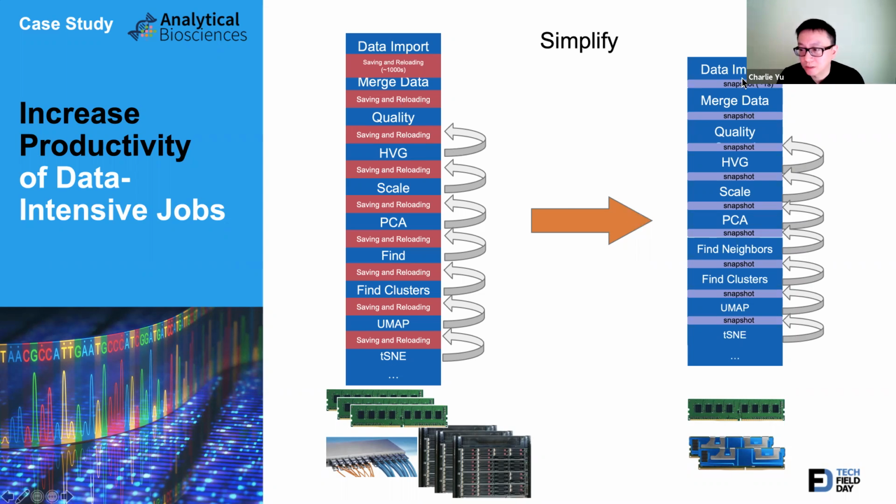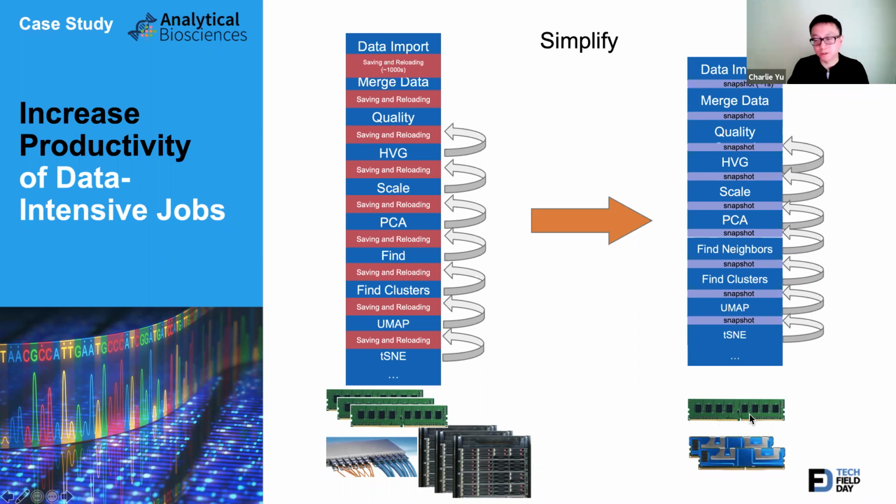So what we're presenting here is a much simpler and a much faster way to run these pipelines. Instead of saving and then reloading from and to storage, we are going to leverage the Optane PMEM in two ways. Number one is we are going to use PMEM to hold all that data in a memory tier, right?